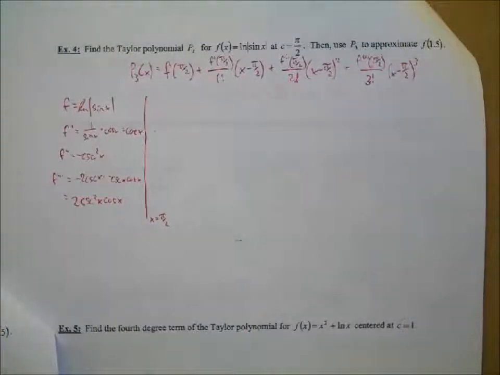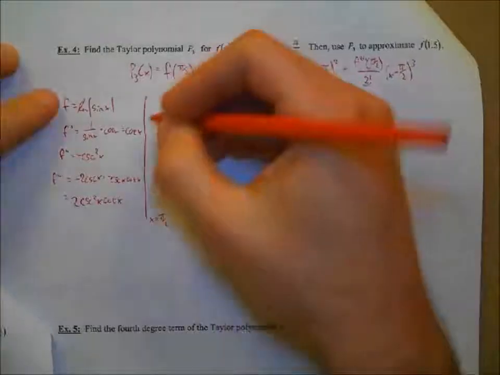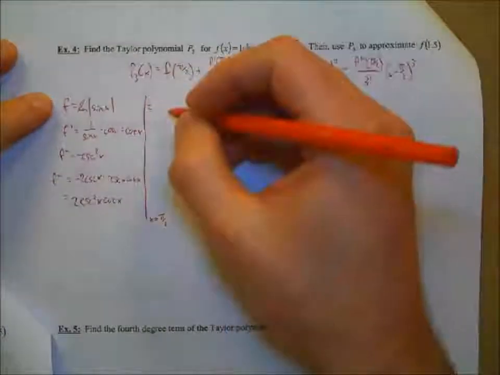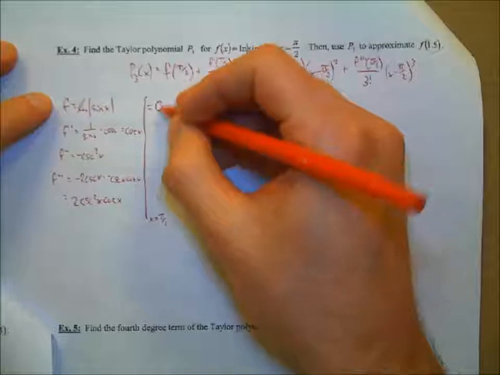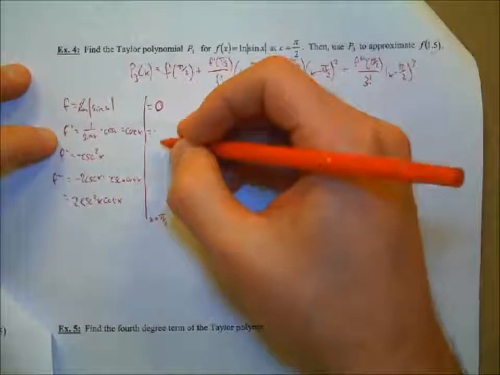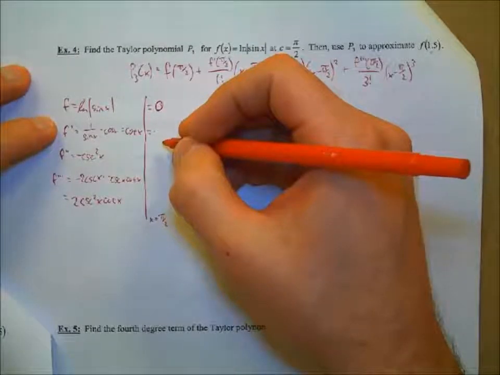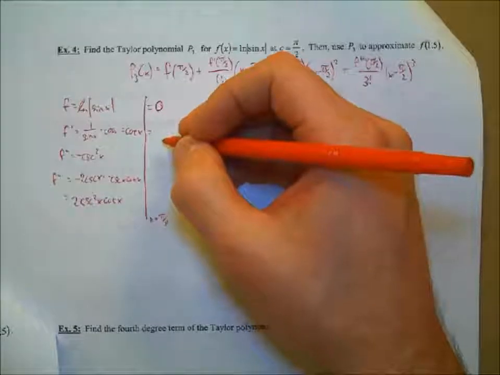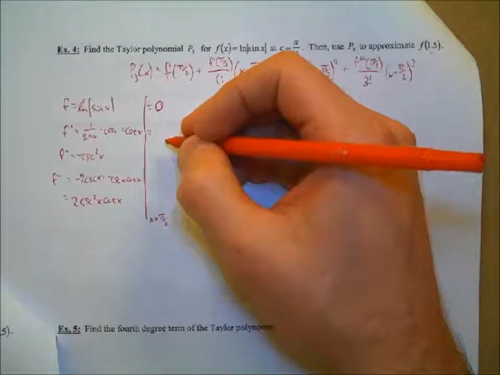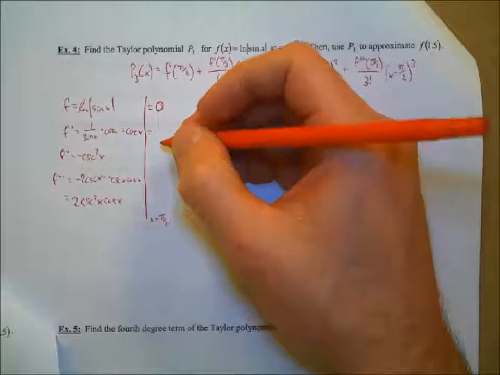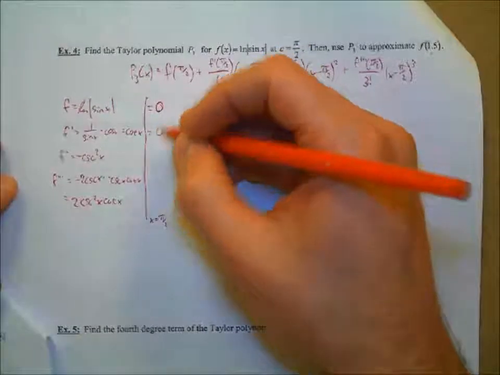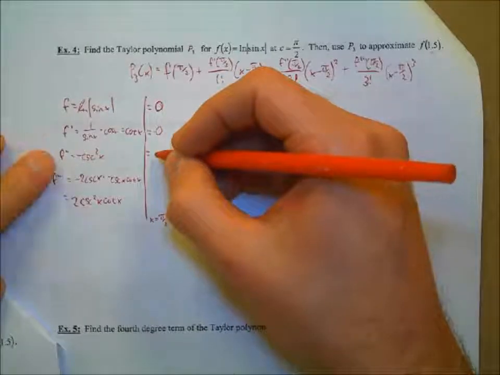So what will f at pi over 2 be? 0. What will cotangent of pi over 2 be? Cotangent is cosine over sine. Cosine of pi over 2 is 0, sine of pi over 2 is 1, so it's 0 over 1, just 0. Same thing here, it's a negative 0, which is just 0.